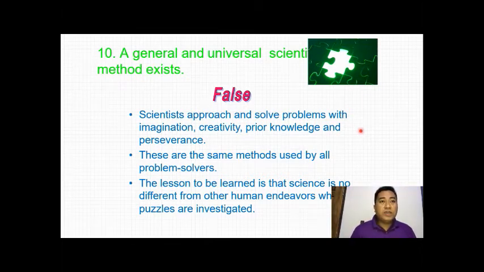So you have to have knowledge of one thing before you proceed to another one. So this statement is very false. These are the same methods used by all problem solvers, and a lesson to be learned is that science is no different from other human endeavors when puzzles are investigated.